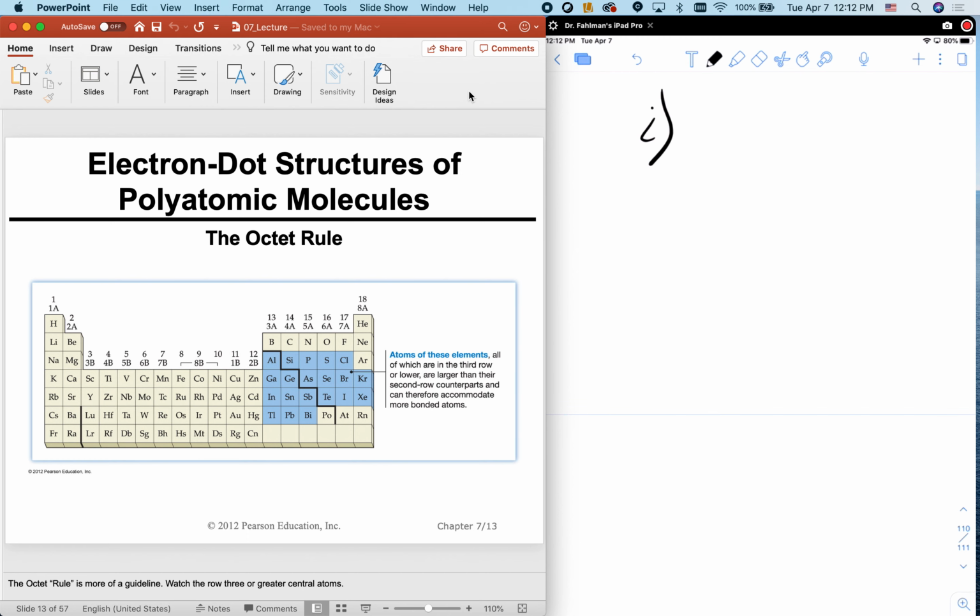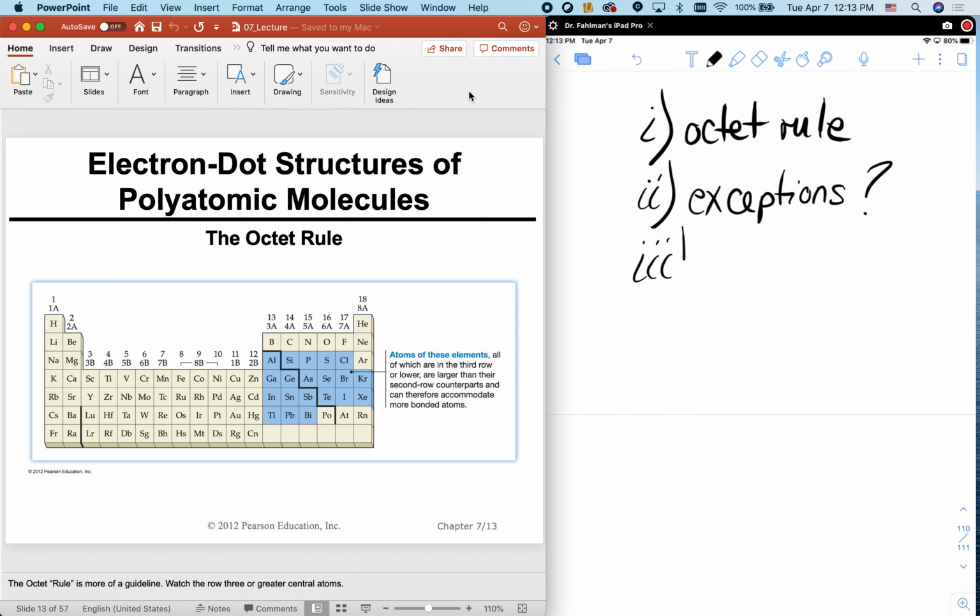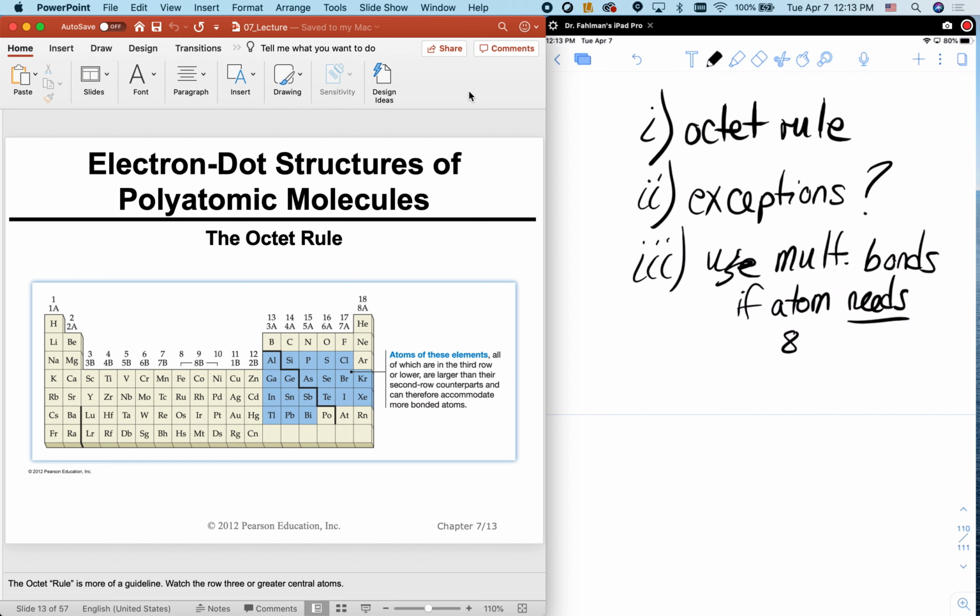The first thing is the octet rule. Then look at exceptions, if they're possible, so if you can have something with more or less. If there are no exceptions, so for instance carbon or nitrogen that have to have 8, then you start to use multiple bonds if an atom needs 8 electrons.